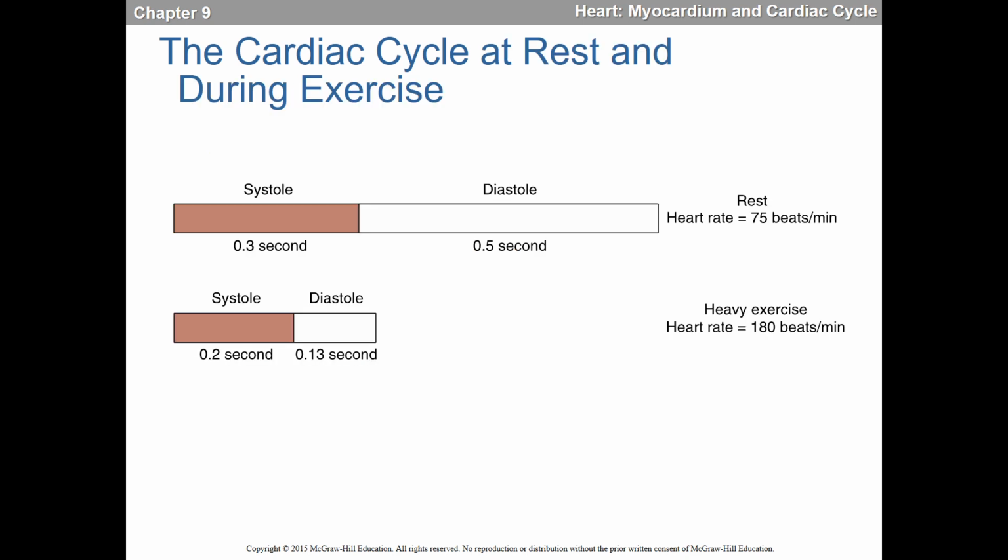So here's something that I want you to know right here. If your heart is beating 75 beats per minute, then 0.3 seconds is in the contraction phase and 0.5 seconds is in the relaxation phase. Now, as we start exercising harder, at 180 beats per minute, systole shrinks, but not that much, and diastole shrinks a lot.